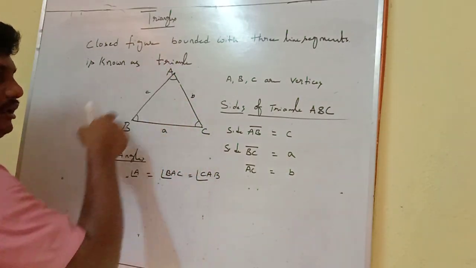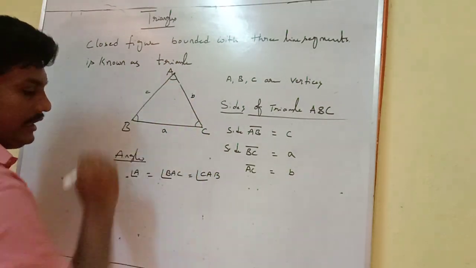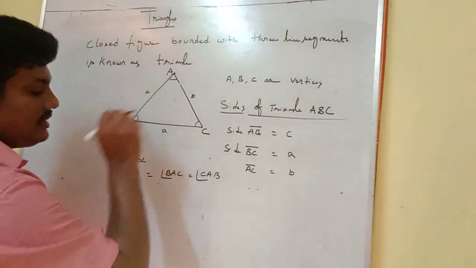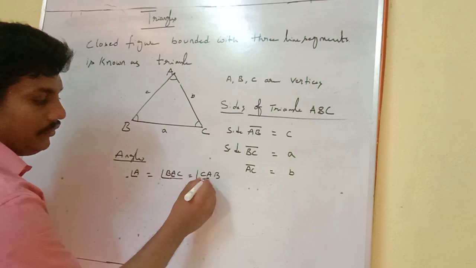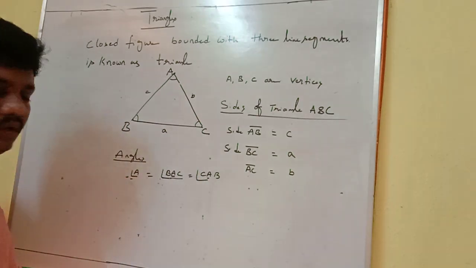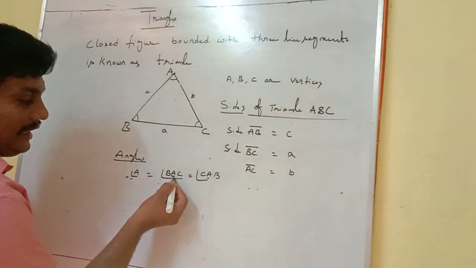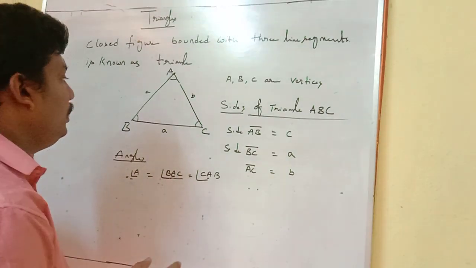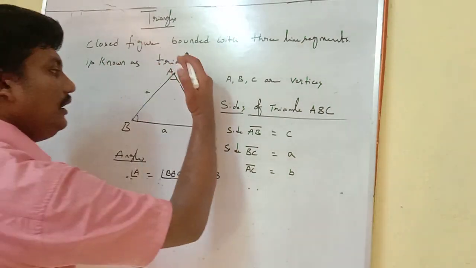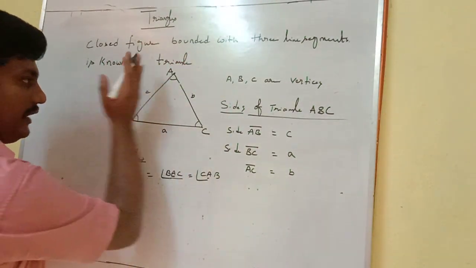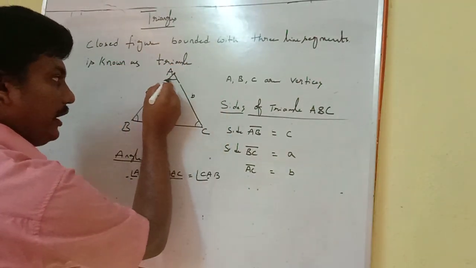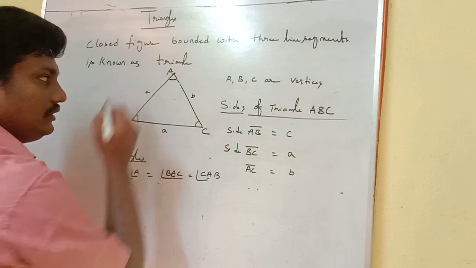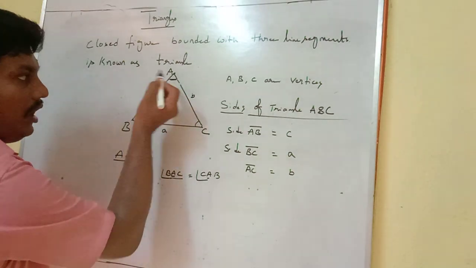Both we call angle A. This middle one we should consider as angle A. This angle A is formed by the line segments BA and CA joined here. That's the reason why angle A is formed.